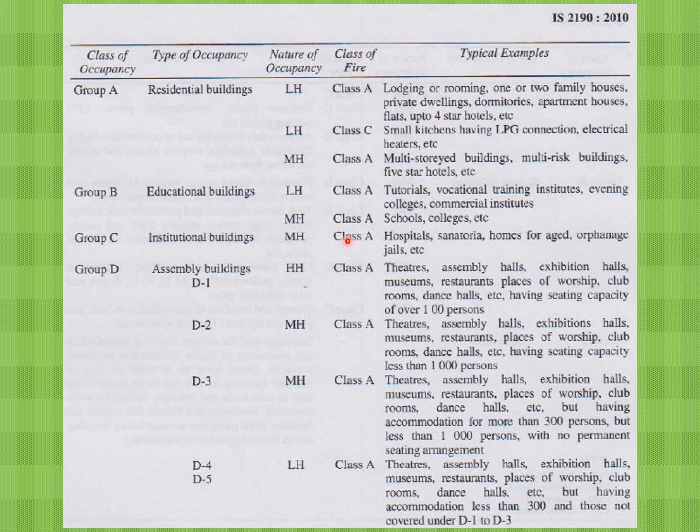Here, the class of fire implied seems to be only class A, and this type of recommendation has been given in Indian Standard 2190 of 2010. This is a part of the National Building Code also.